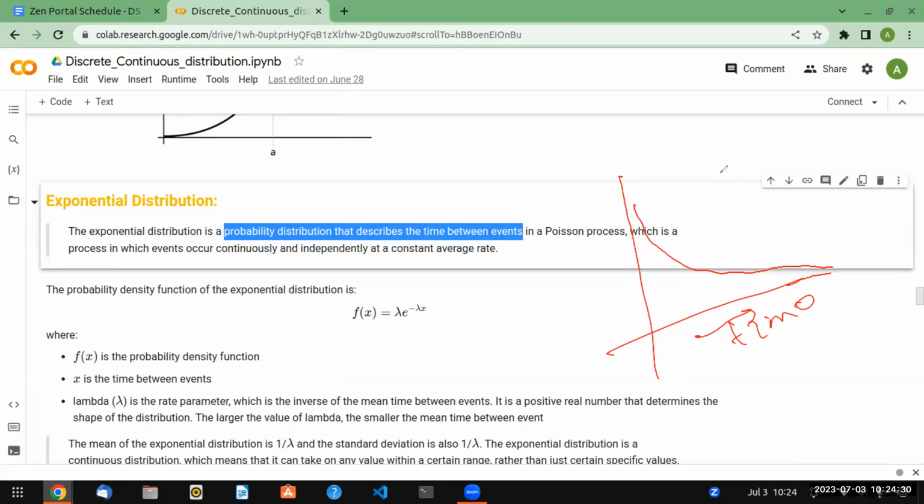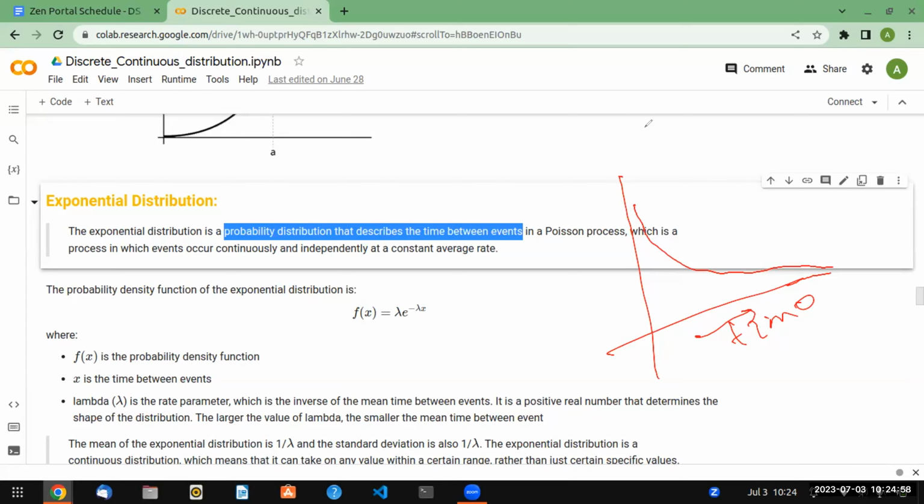This is one example. It is not like all examples will correlate with this one, but for example height and weight follow normal distribution. Radioactive decay: what is radioactive decay? If you plot uranium and similar substances, the radioactive substances are decaying day by day. That is one example.